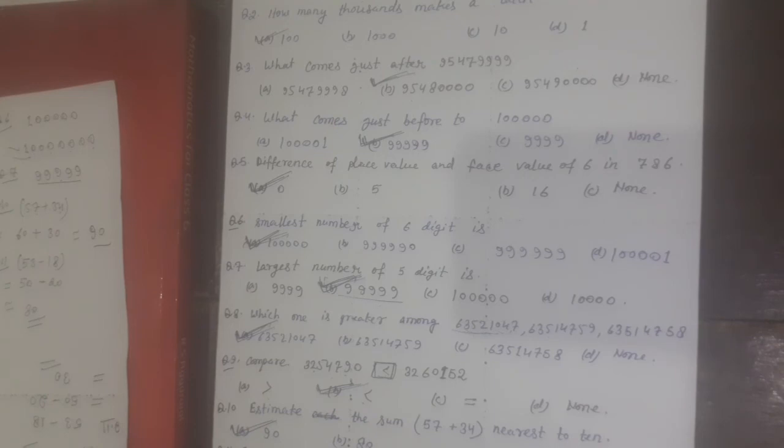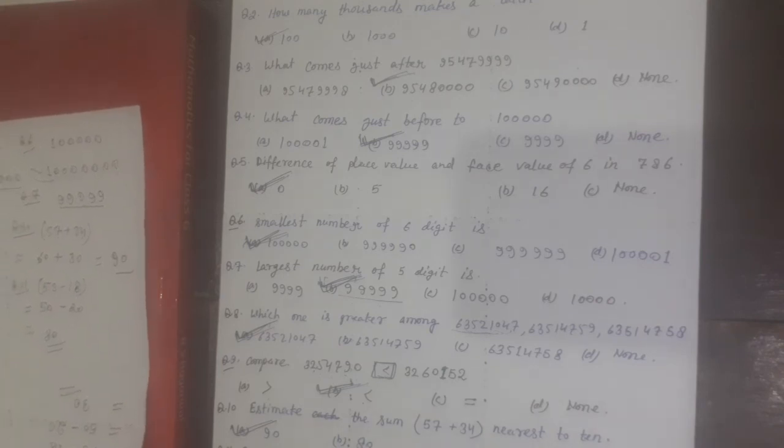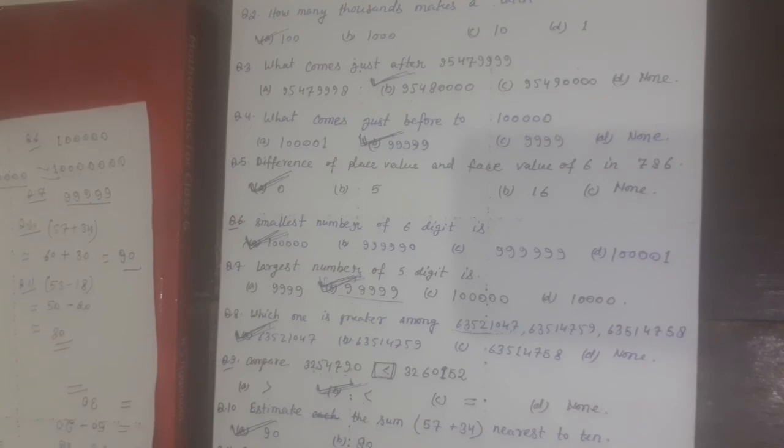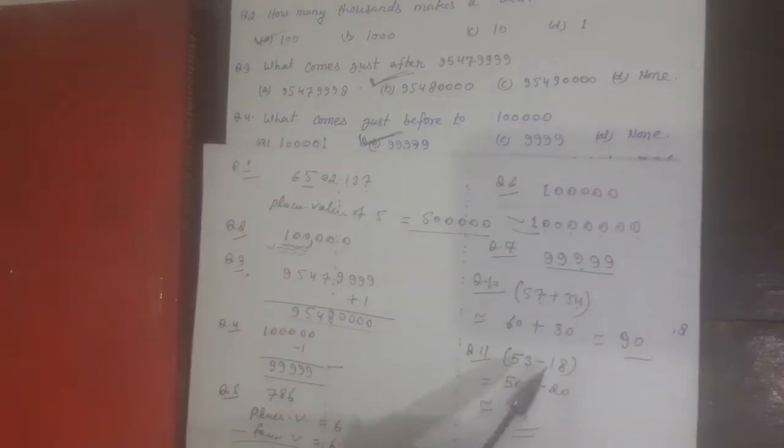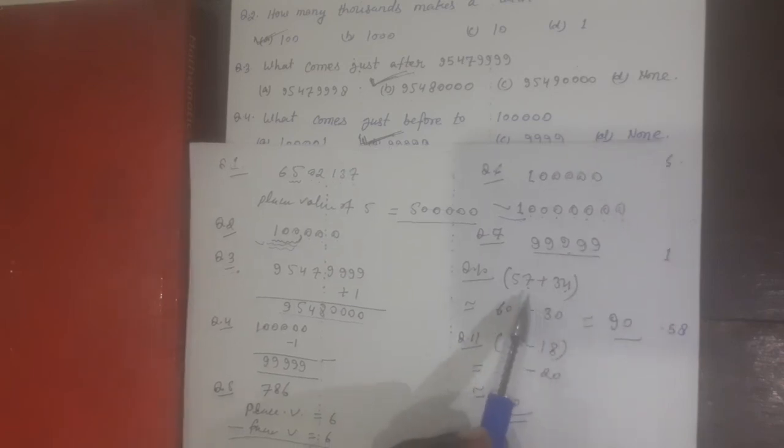Moving to the next: estimate the sum 57 plus 34 to the nearest 10. Okay, you have to round off each number and then calculate the sum. Let's see question number 10. It looks like this: 57 plus 34.